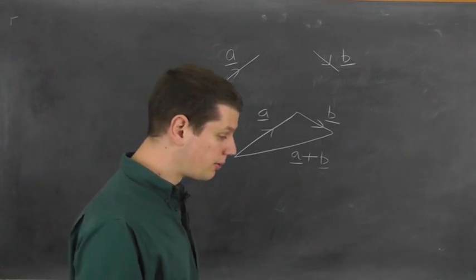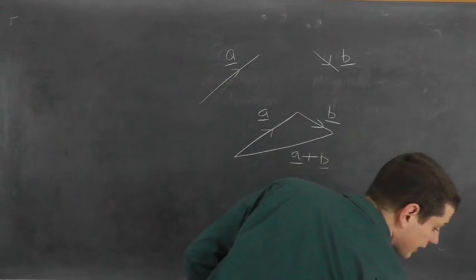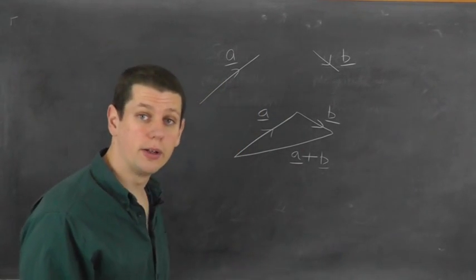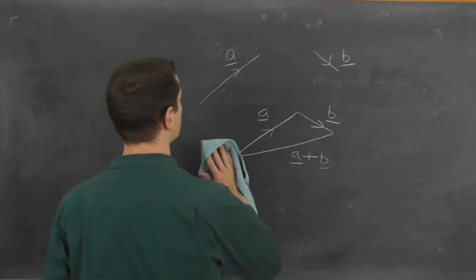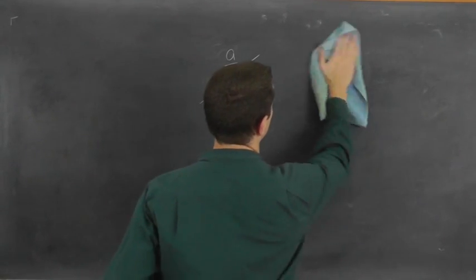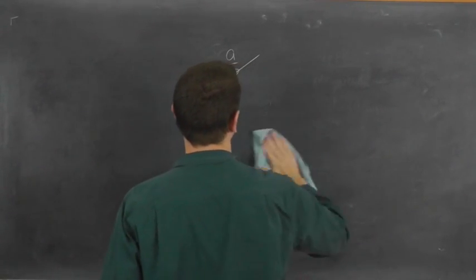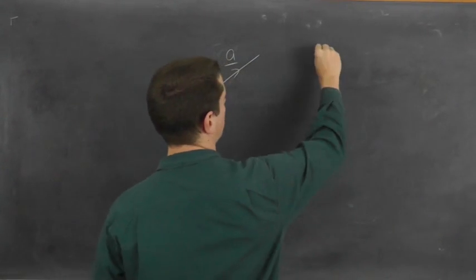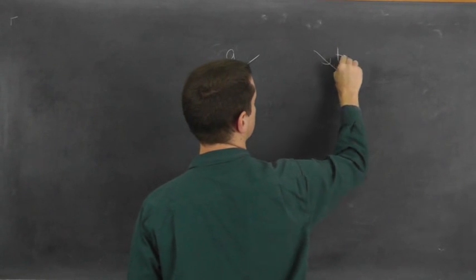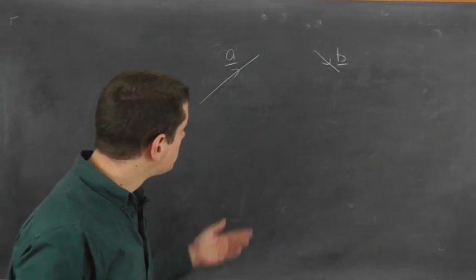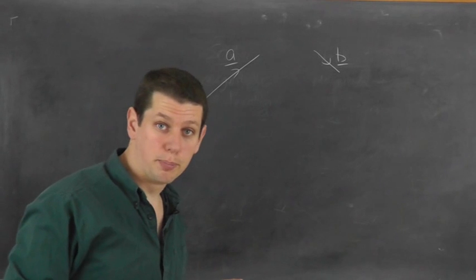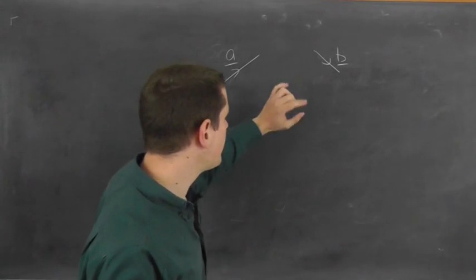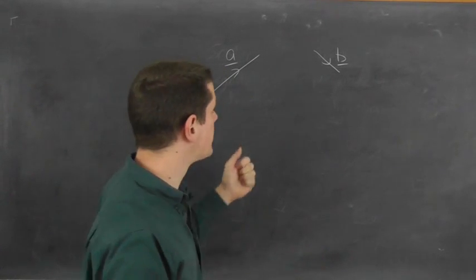Another thing we want to do is subtract vectors. In order to tell you how to do that, I'm going to tell you what minus a vector means. So, use B again. So now, suppose we have this vector B. The vector minus B is a vector that looks very similar, but it points in completely the opposite direction.